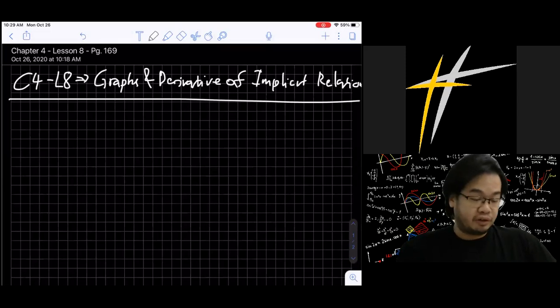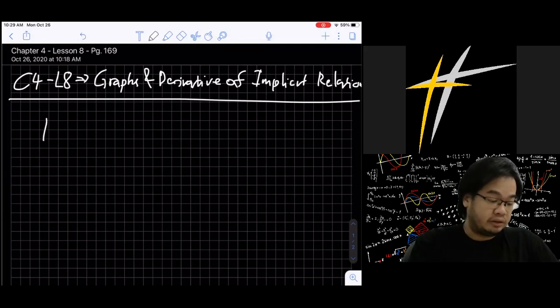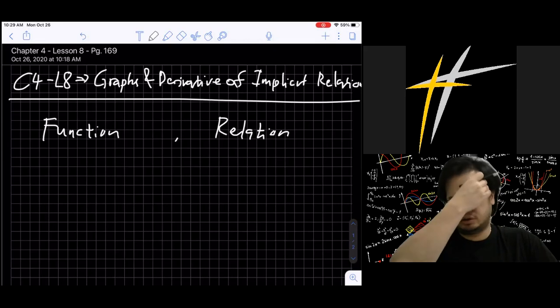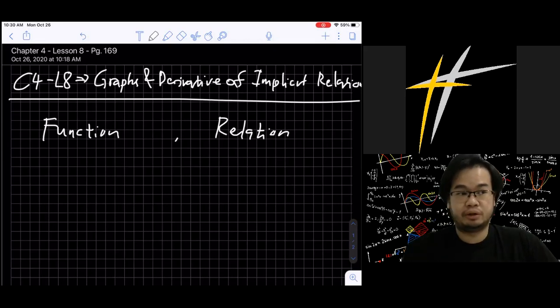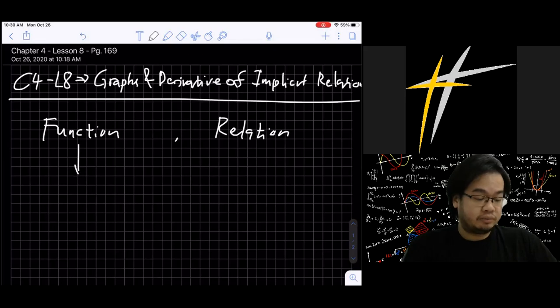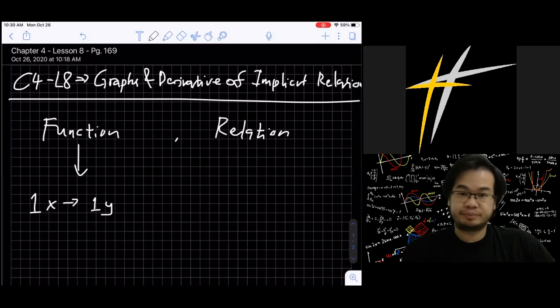Before we get into the main topic, I want to review about relation first. There is a function and there is a relation. Actually you have learned this in 10th grade when you were learning the graph of circle, ellipse, hyperbola, and parabola. For a function, there is a condition that needs to be fulfilled: for one value of x, there must be only one value of y.